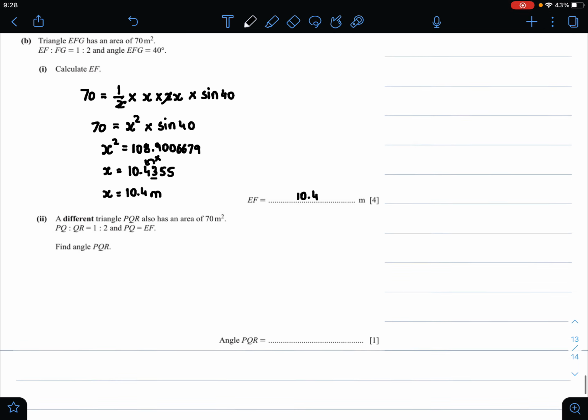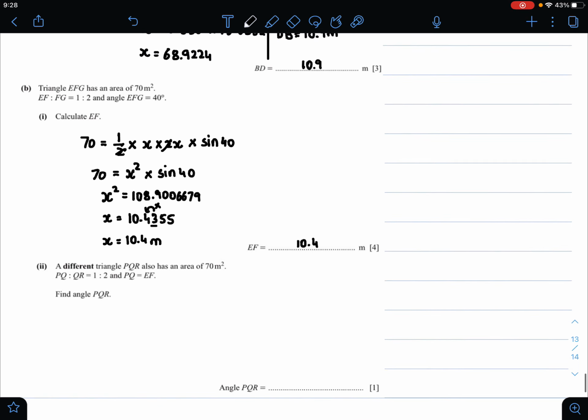Now let's move to B part 2. They are telling us a different triangle PQR also has an area of 70 meters, and PQ to QR is in the same ratio as it was in the previous triangle, and PQ is equal to EF. They are asking us to find the angle PQR. So we know the sine identity, that is sine x is equal to sine of 180 minus x.